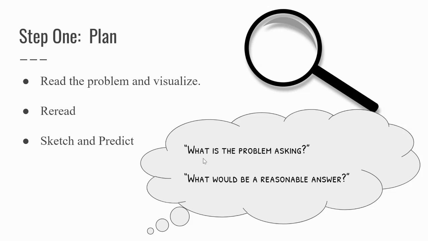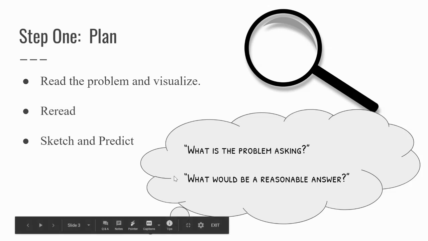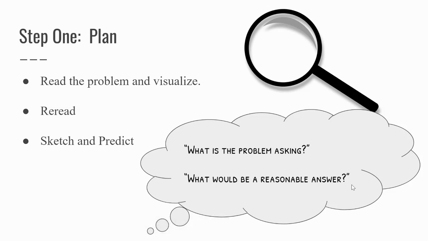Some questions you might ask yourself: What is this problem asking? What would be a reasonable answer? If you were going to make a prediction, what do you think could be the answer? For example, if the word problem said, Susan has 3 cats. 2 more cats show up and she decides to keep them.